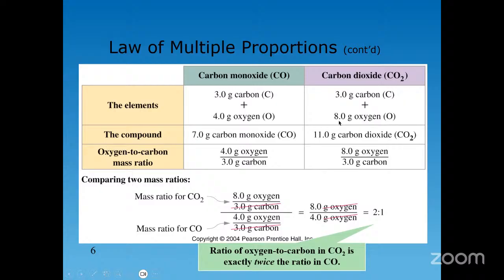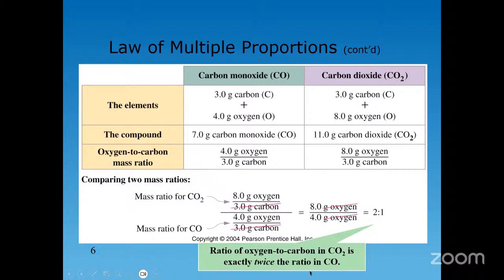So you can see the obvious ratio between the oxygen that will react with 3 grams of carbon to form carbon dioxide compared to the oxygen that will react with 3 grams of carbon to form carbon monoxide. There's obviously a 2 to 1 ratio here, which is shown by this calculation.